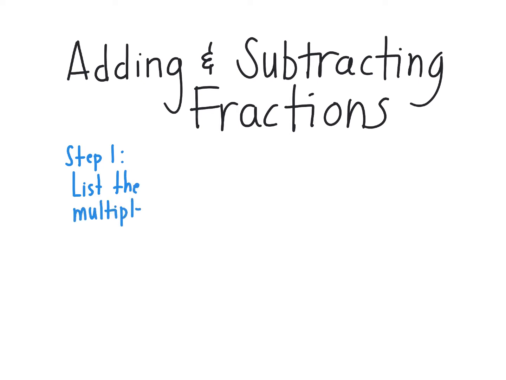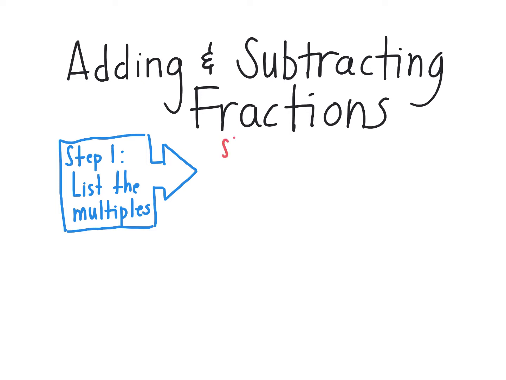Don't forget you're going to need this for your writing, for your formative check. Okay, so list the multiples. We're going to make this into an arrow. I love to draw, so I didn't say I draw good, I just love to draw. It helps me. Okay, that is our first thing that we are doing, is list the multiples. And you guys know that you're going to use your denominators to list the multiples.